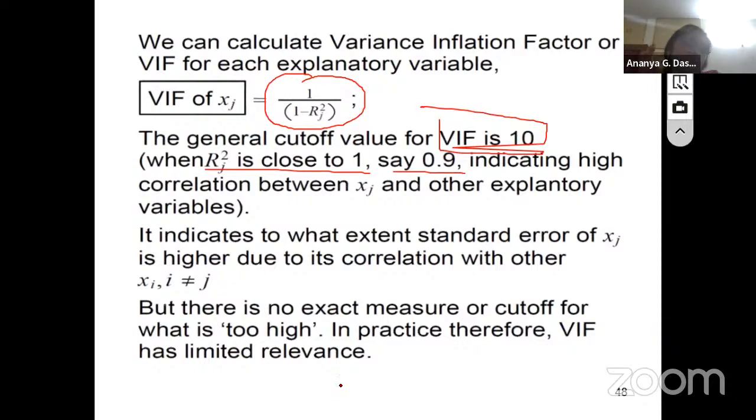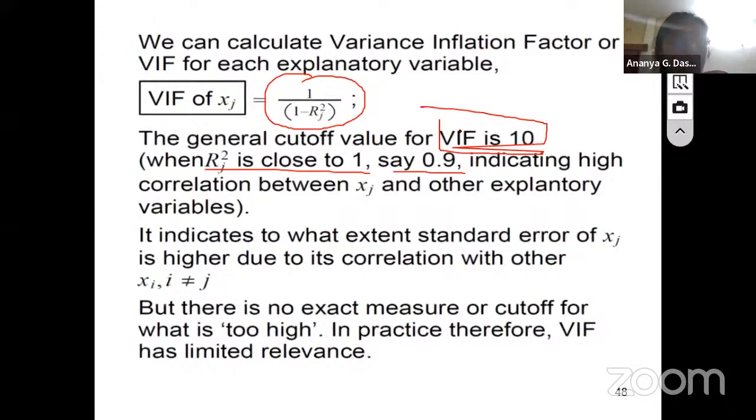So just 1 minus 0.9, 0.1, and that's where you're getting this from. So it's just a cutoff, which we use as a rule of thumb, that 10 is high because the correlation in this case is 0.9.